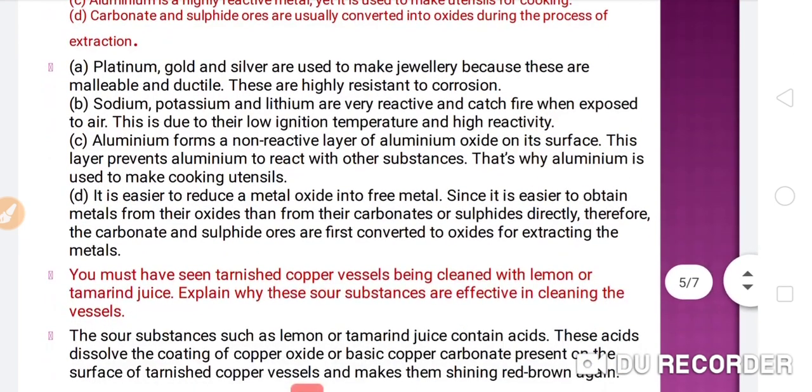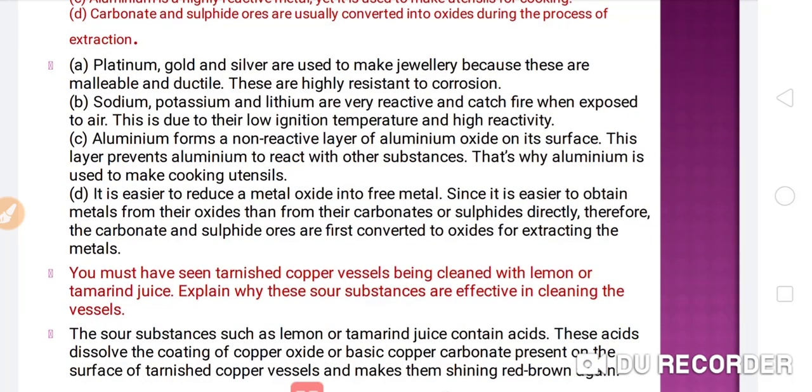So, the answers are, number first, platinum, gold and silver are used to make jewelry because these are malleable and ductile. These are highly resistant to corrosion. Now B point, sodium, potassium and lithium are very reactive metals and catch fire when exposed to air.